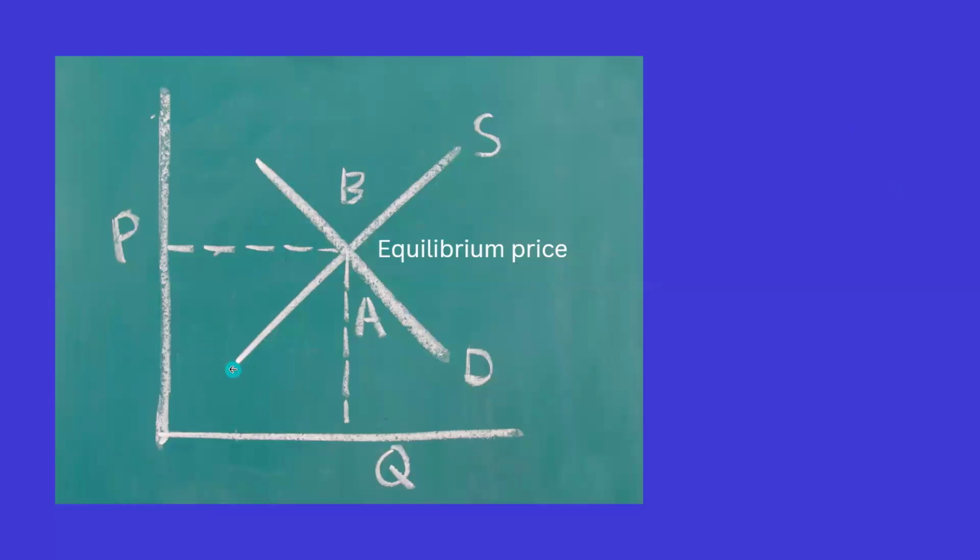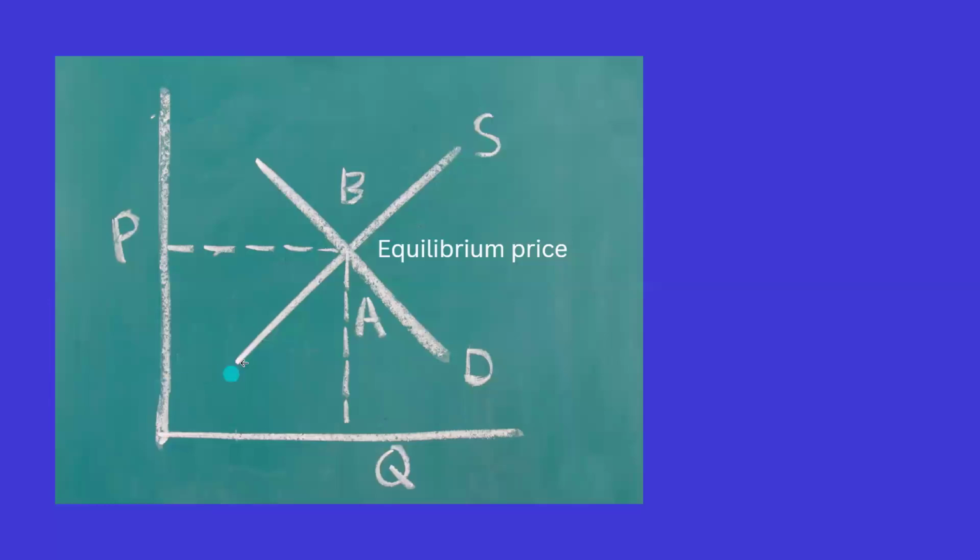A supply curve is an upward curve from the left bottom corner to the upper right.